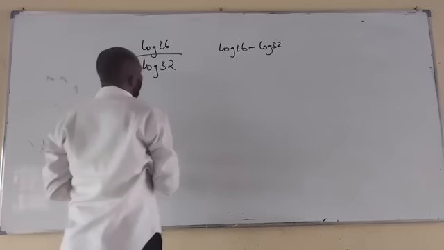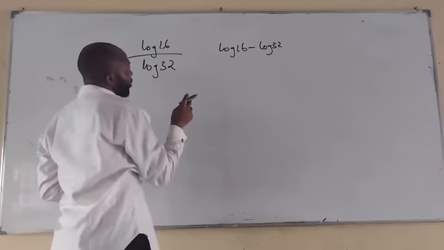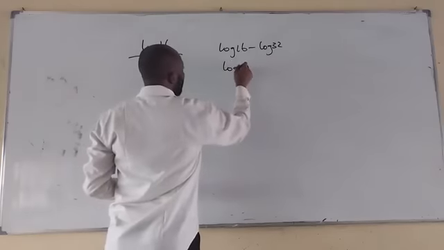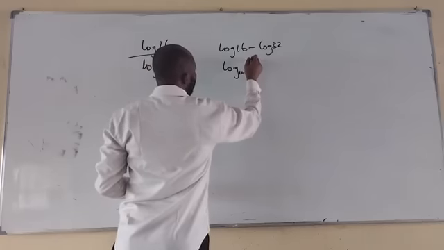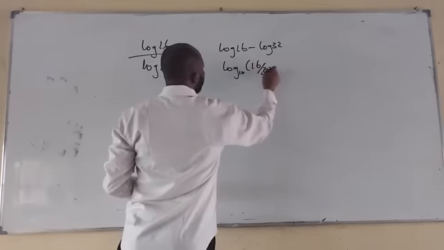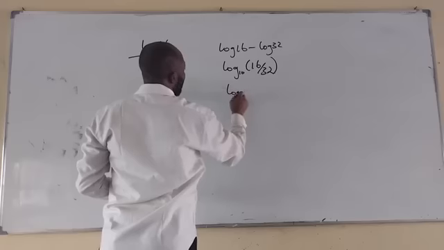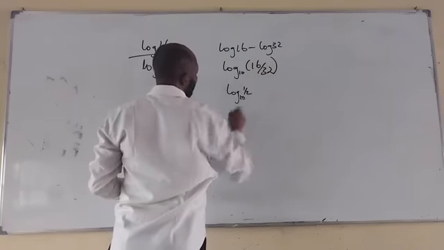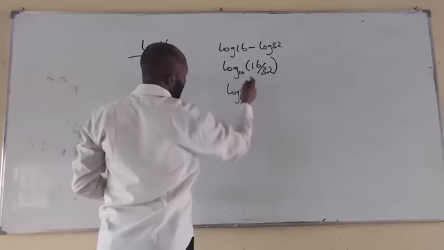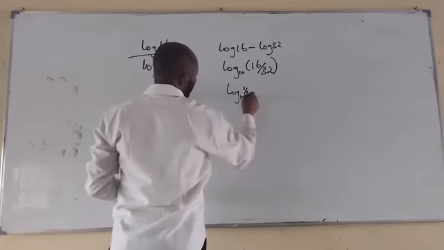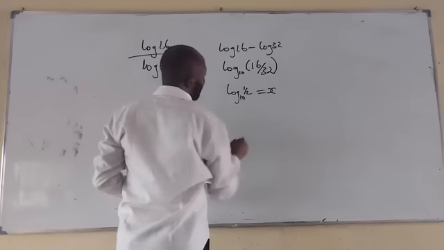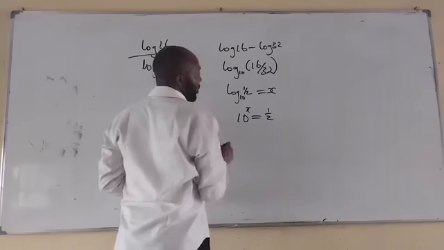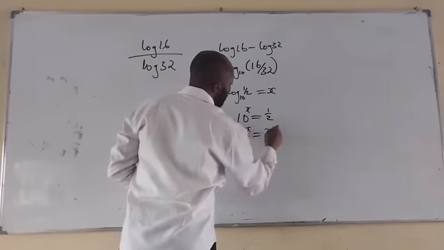And because it's the same base 10, we can have this as a log in base 10 of 16 divided by 32, which is 1 over 2. When you do that, you equate it to x. We say 10 raised to the power x is equal to 1 over 2. 10 raised to the power x is equal to 2 raised to the power minus 1.